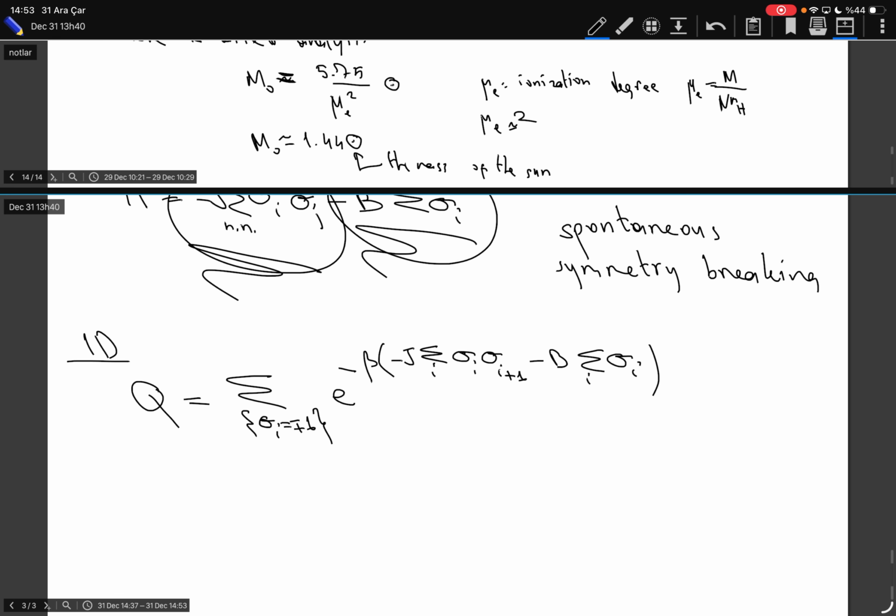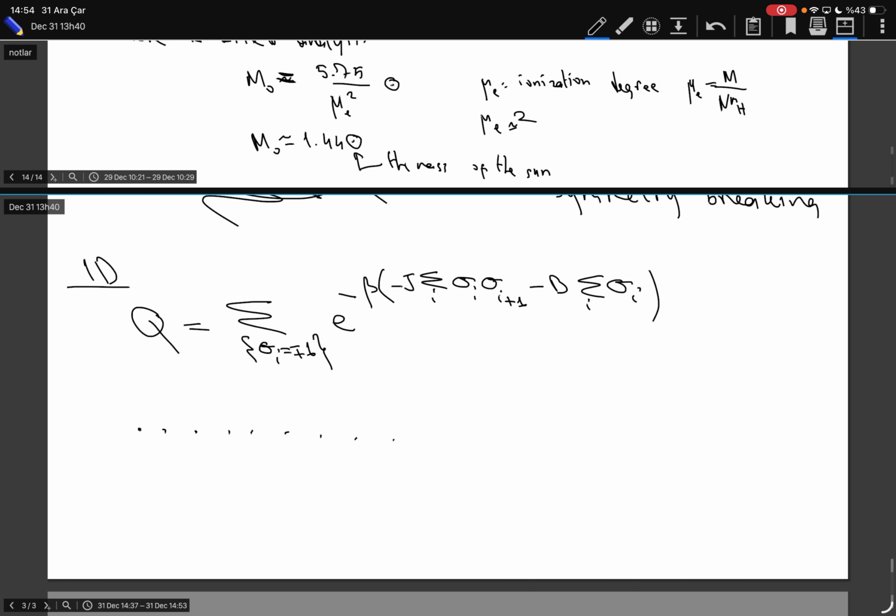Well, in one dimension, these are my sites. The nearest neighbor is just the next site. So that's why I have I and I plus 1 there. Now, I will first define an operator P to solve this problem.